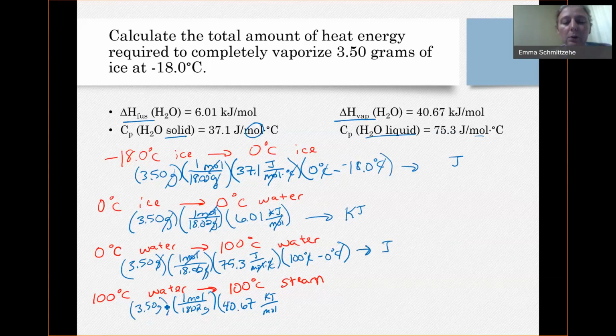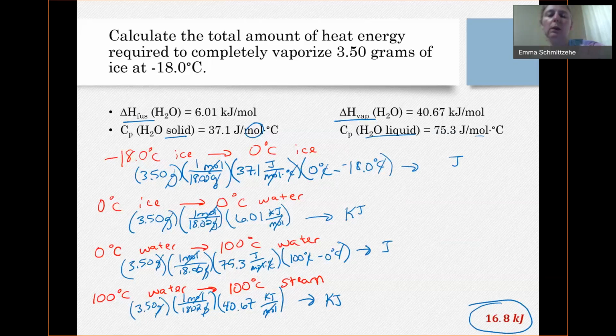And then the last one comes out in kilojoules. So you can't just add the numbers that come directly out of those. You need to convert them either all to joules or all to kilojoules, then add them. You can go through and do that, practice, and then check. After you do all of that, you should get 16.8 kilojoules for the total, the sum of those results.